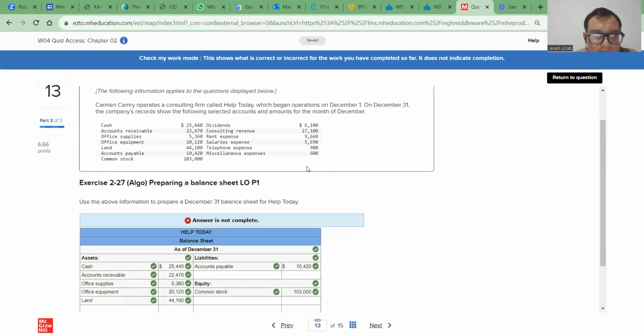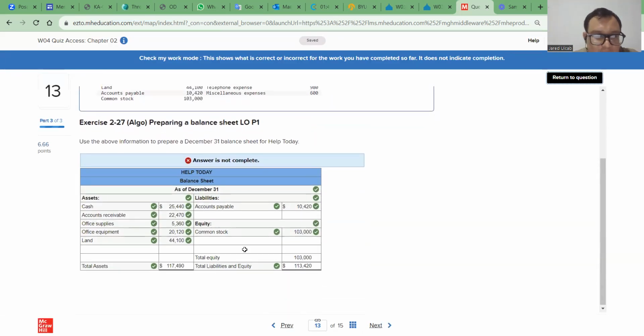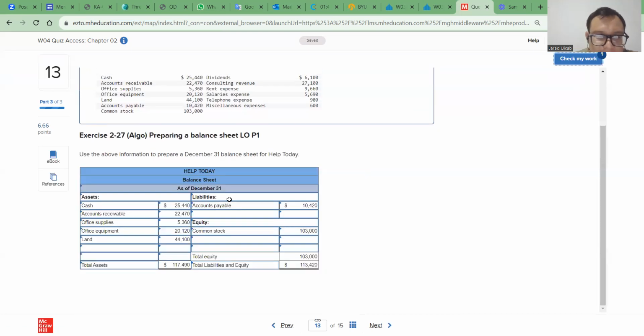Check my work. The answer is not complete, so I'm missing something here. Let me check what I'm missing. I think I have the liabilities. Maybe the total liabilities I'm missing. Just give me a sec.